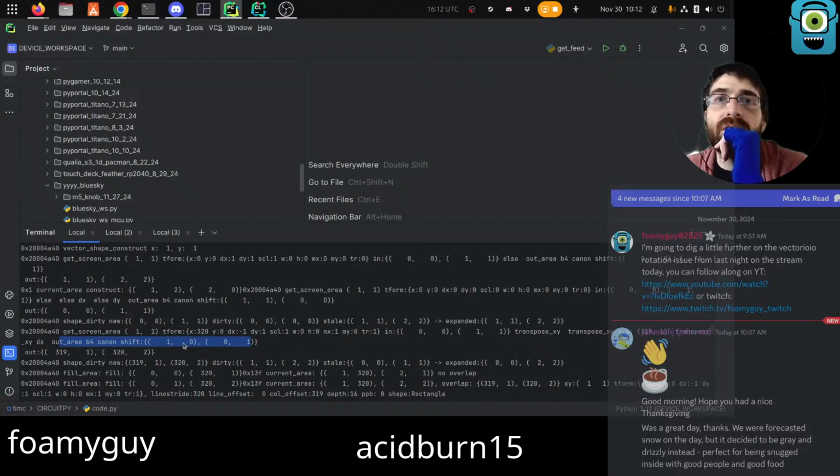It would have ended up swapping these two, though. And then shift happens. We know what the canon is going to do, we just looked at the code. It's going to end up swapping this for this, so that we have 0, 0, and 1, 1. And then the shift is going to happen, and after the shift, we end up with 319, 320.